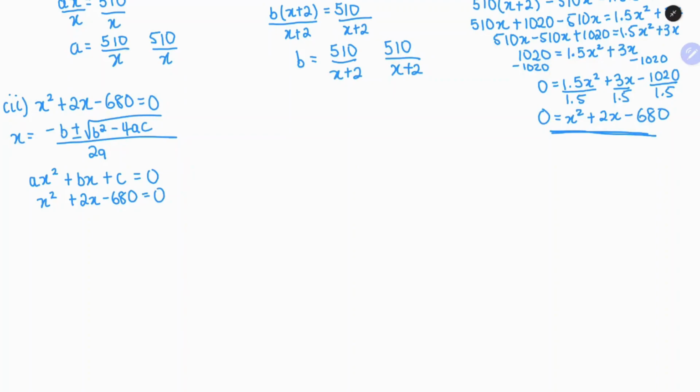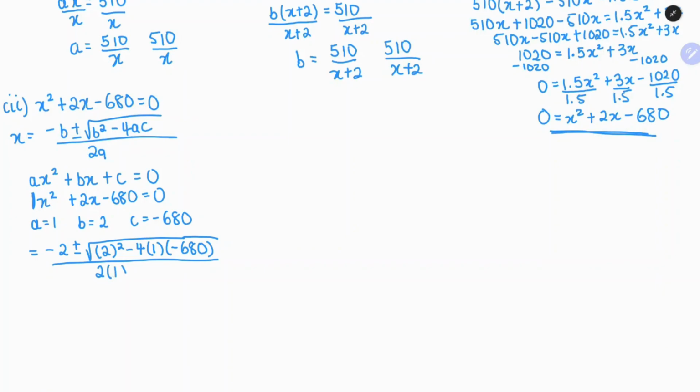At this point, I'm sure that we're pros at this. So we already know, again, x squared is the same as 1x squared. So a is equal to 1, b is equal to 2, c is equal to negative 680. And then as we put it into the quadratic formula, it's going to be negative 2 plus or minus the square root of 2 squared minus 4 times 1 times minus 680, divided by 2 times 1.